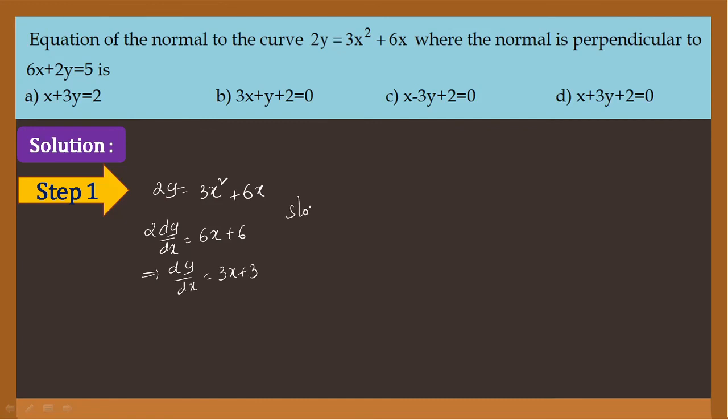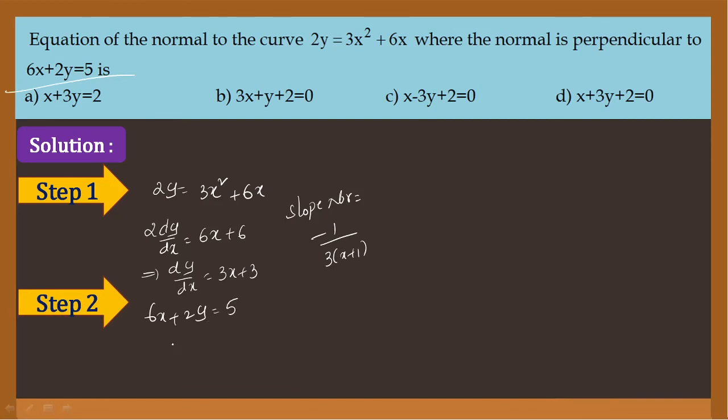Now slope of the normal is -1 by dy by dx, that is -1 by 3 into (x + 1). Given line is 6x + 2y = 5. Slope of this line is -a by b. Here a is 6 divided by b is 2. This equals -3.